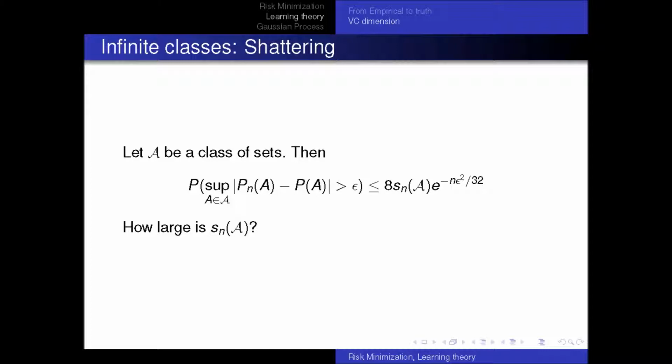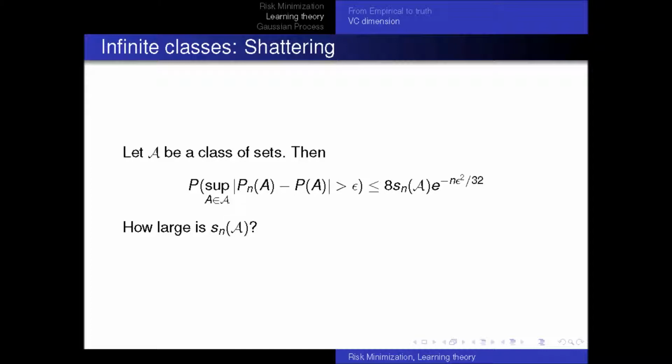Sauer's theorem tells us that if A has finite VC dimension D, then this shattering coefficient is less than or equal to (n plus 1) to the D. So now we can conclude that this bound is less than or equal to 8 times this thing, and also some exponential bound.